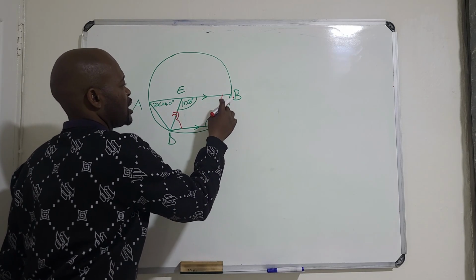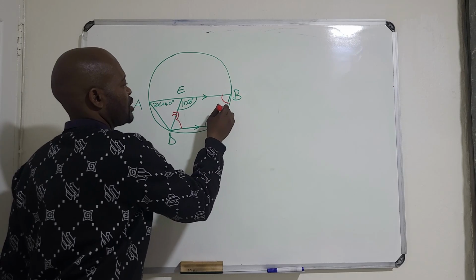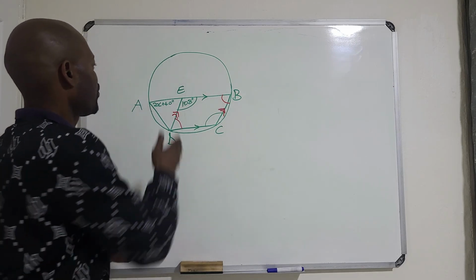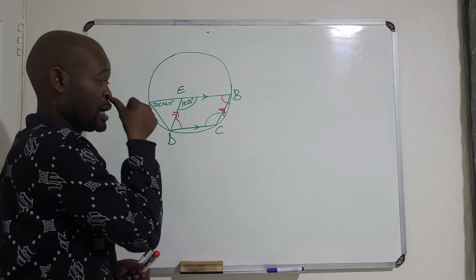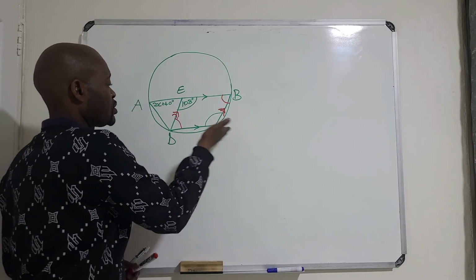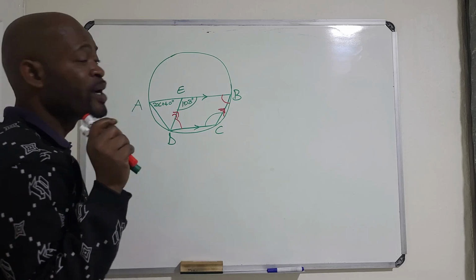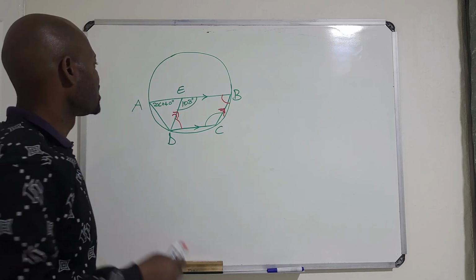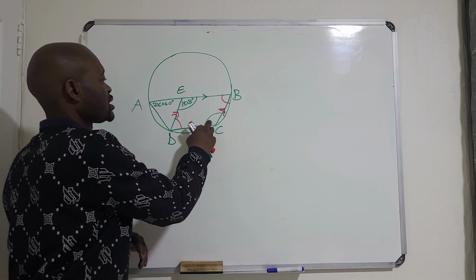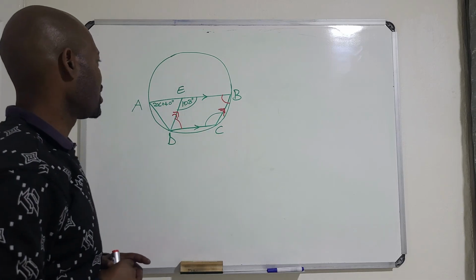Opposite sides are parallel in a parallelogram. Therefore, this side is parallel to that side. This side is also parallel to that side. But the property that we need here is the one of opposite angles of a parallelogram.